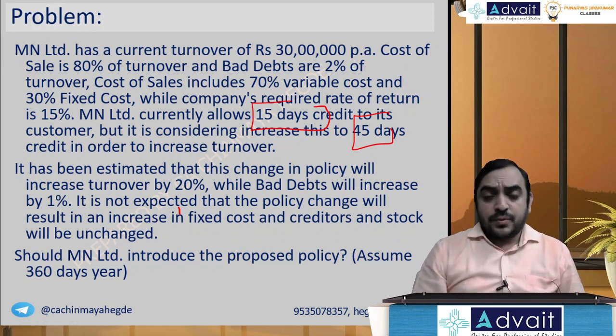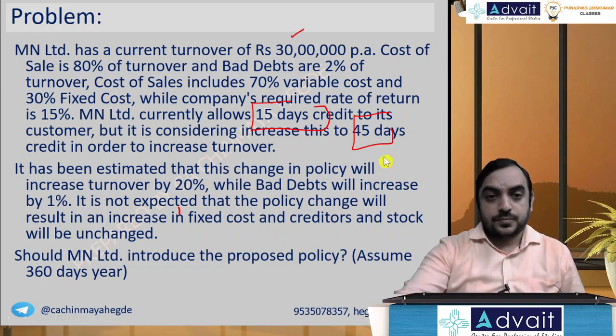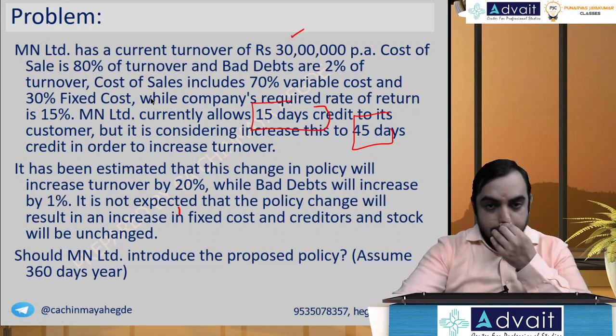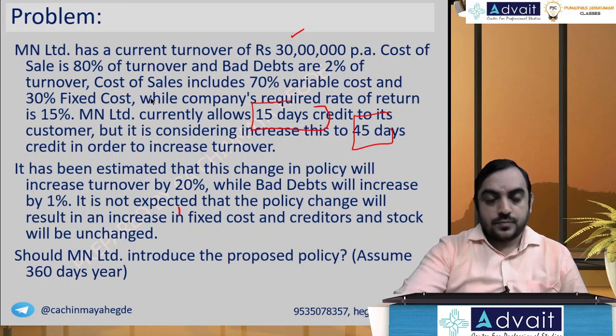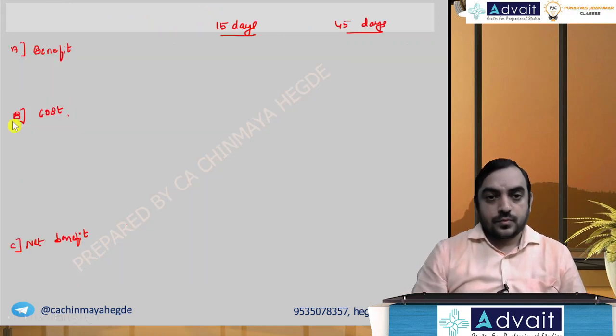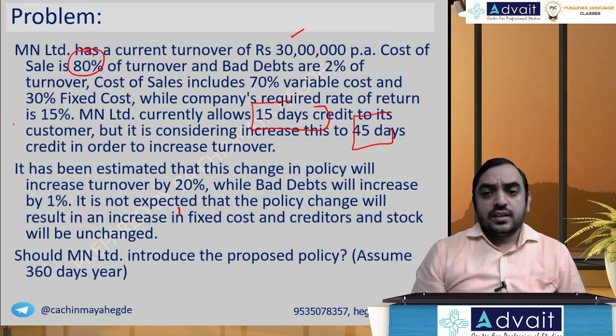Okay, so let's take up current sales. Existing turnover of 30 lakhs. So present sales 30 lakhs, and they're telling cost of sales 80%, bad debts, variable.